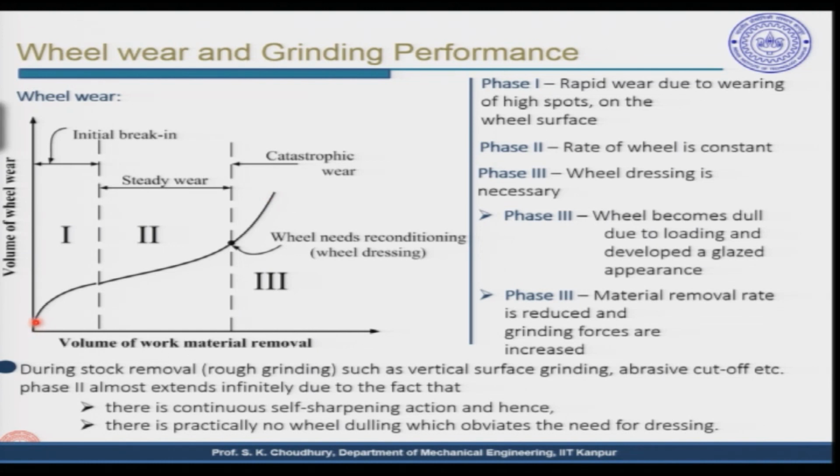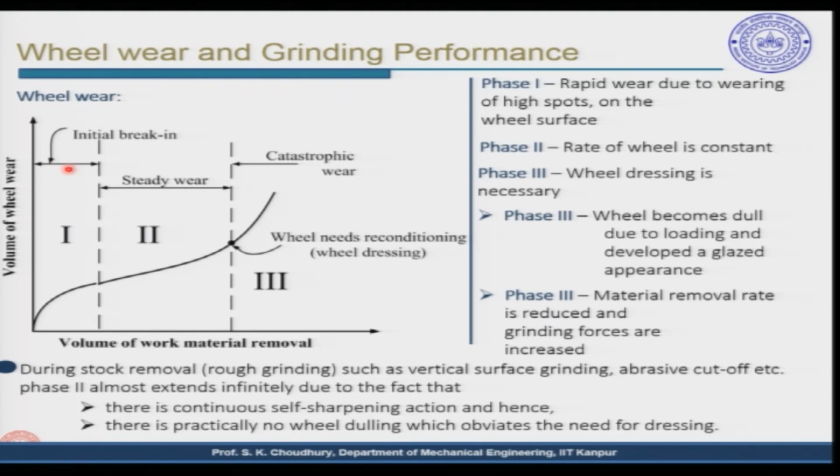Initially, when the grinding wheel comes in contact with the workpiece, the grinding wheel surface has sharp grains, they get very quickly dulled because of the rubbing, plowing, and because of the material removal from the workpiece. So, therefore, initially the wear is very high and this zone is called the initial break-in, like in case of the single point cutting tool.